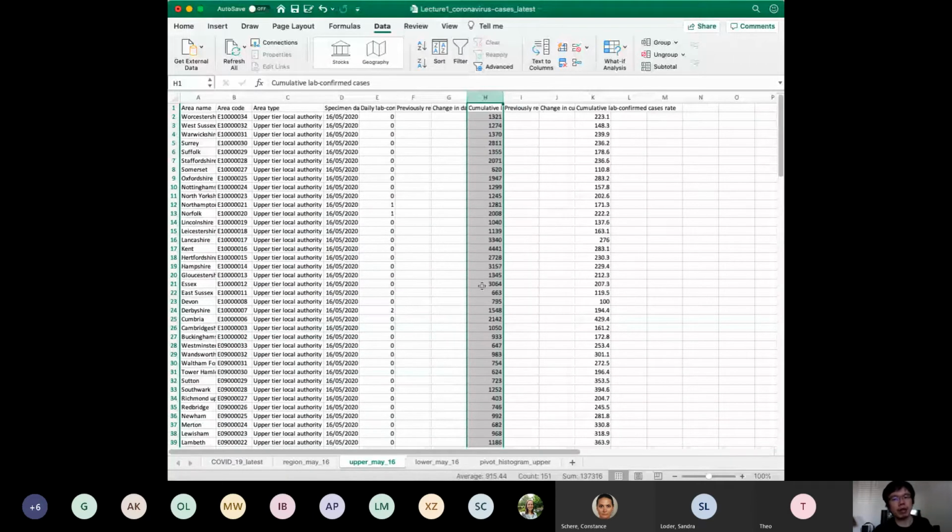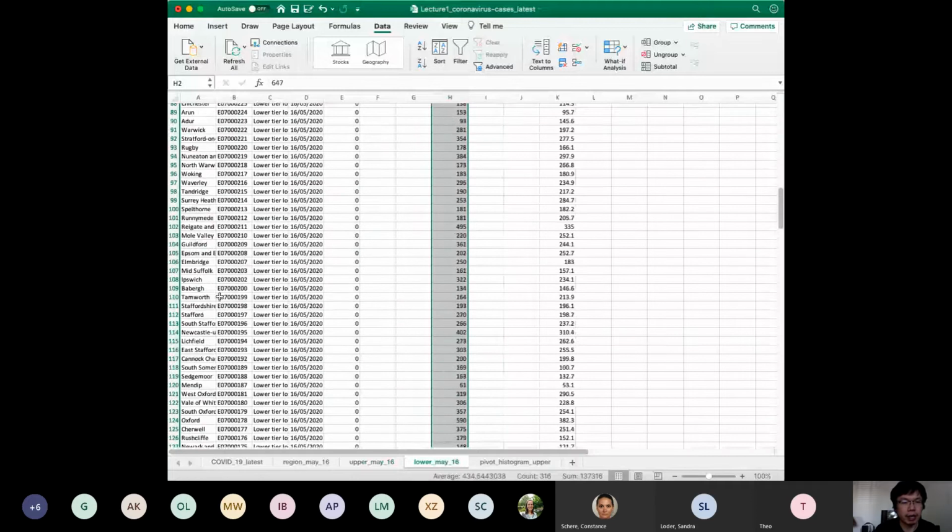But now you have a different kind of level of variation: variation in the number of cases across different upper tier local authorities.